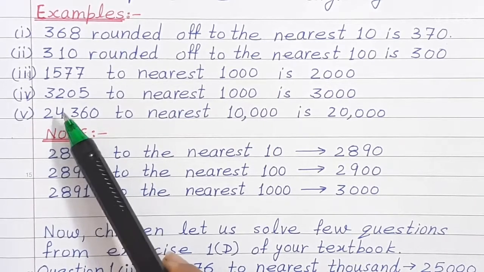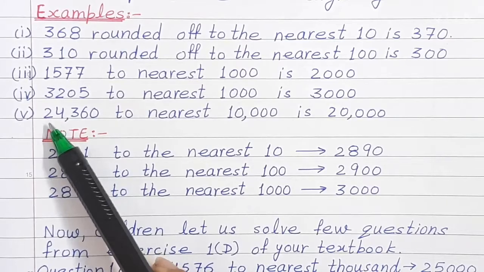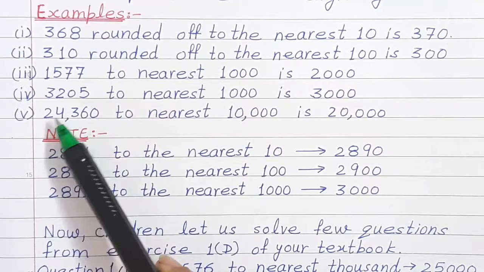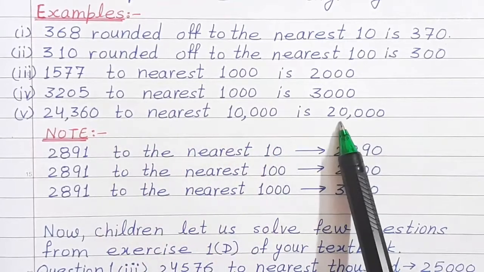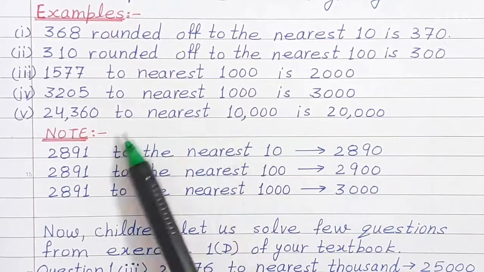So, we put zeros here. We will not increase the previous digit; we increase the previous digit only if it is 5 or more. So, we just put 0 here. So, the answer is 20,000. I hope it is clear to you.